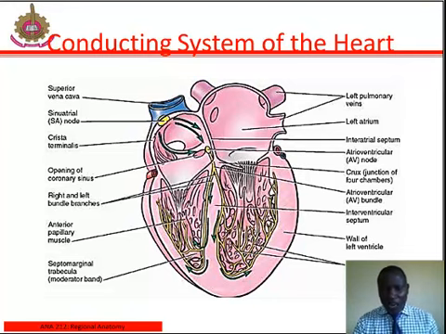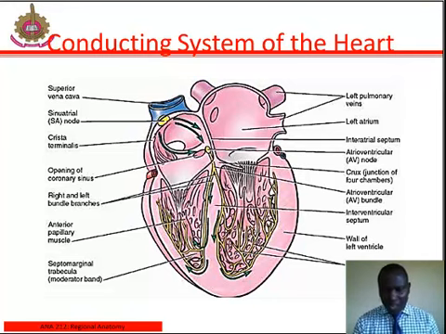The subendocardial branches of the right bundle stimulate the muscle of the IV septum, the anterior papillary muscle through the septomarginal trabecula, and the wall of the right ventricle.